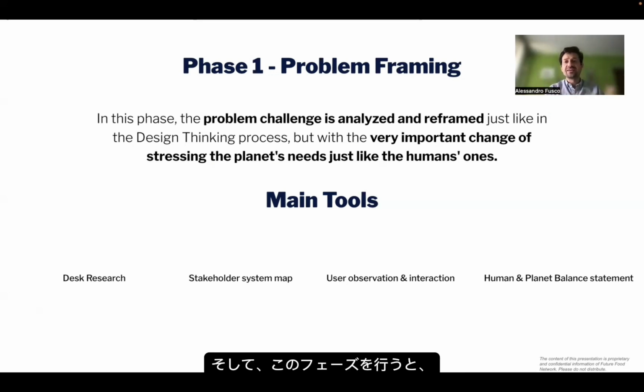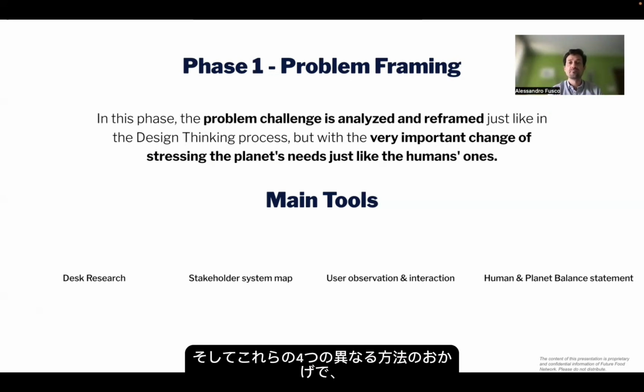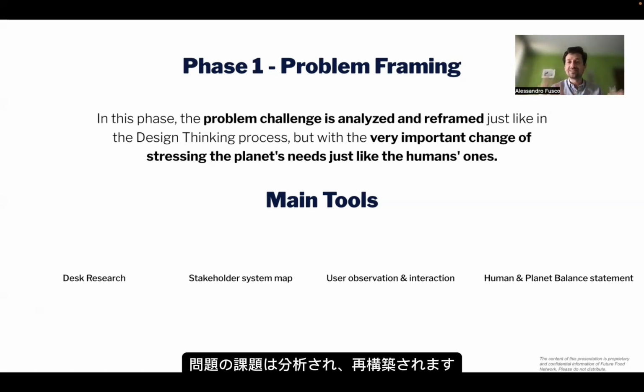And so during this phase, and thanks to these four methods, the problem challenge will be analyzed and reframed.